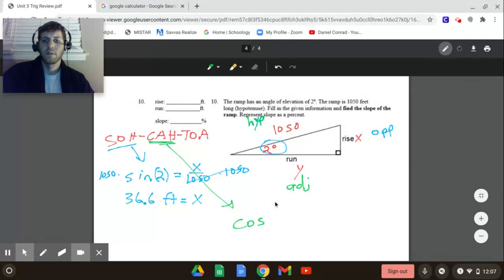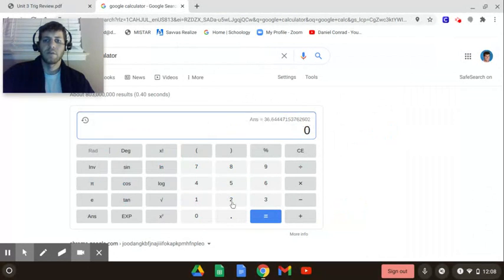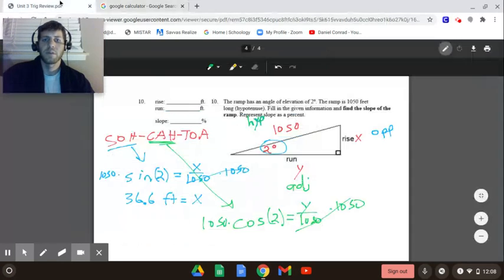Cosine of 2 degrees equals adjacent over hypotenuse, so y over 1,050. Multiply both sides by 1,050, and that cancels. So 1,050 times cosine of 2 degrees, making sure you're in degrees, is 1,049.4. So 1,049.4 feet is y.